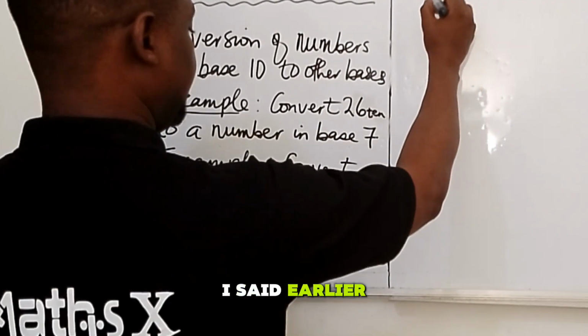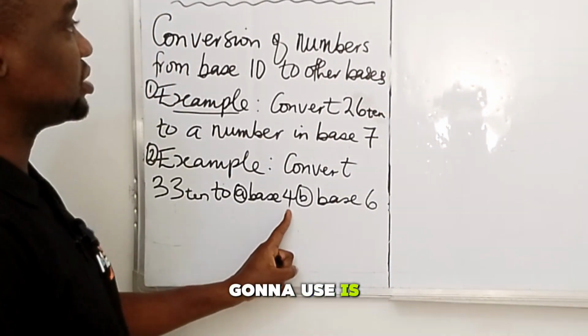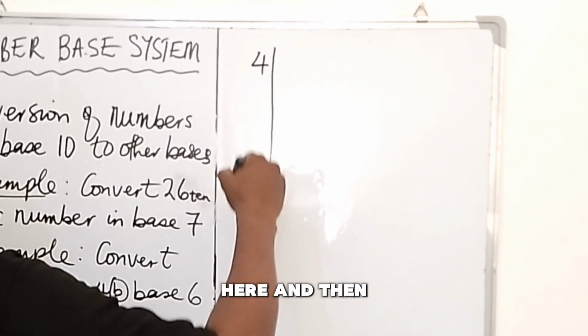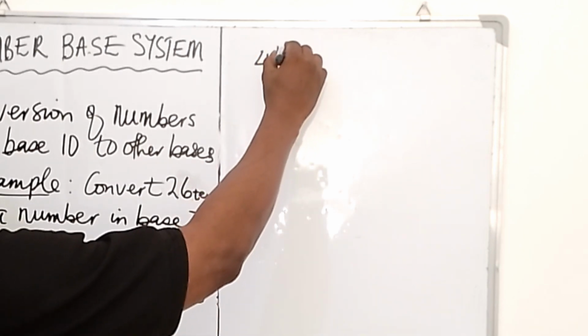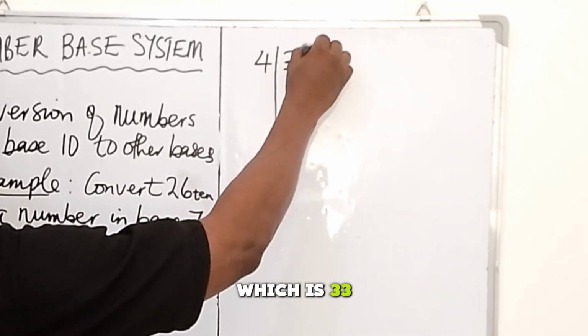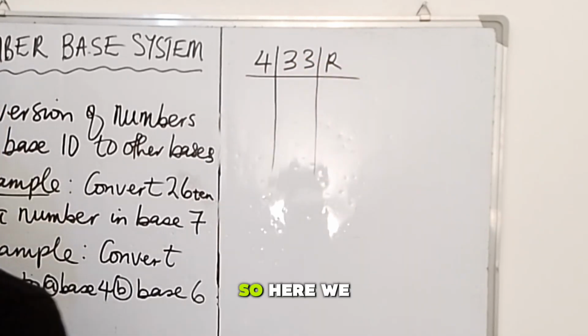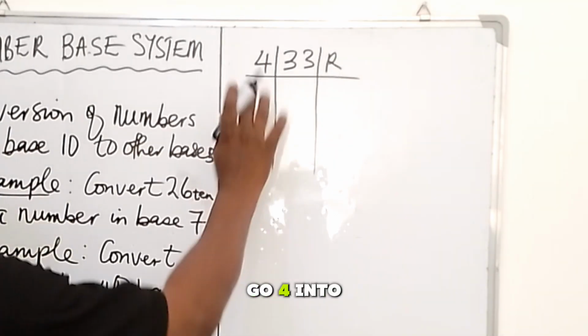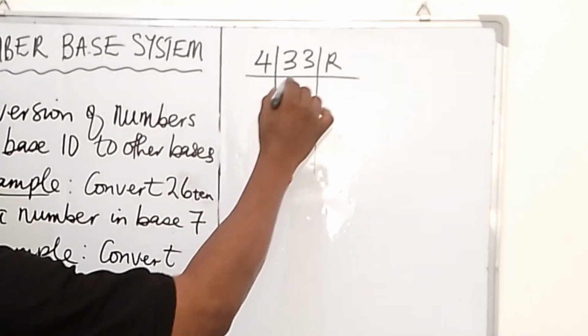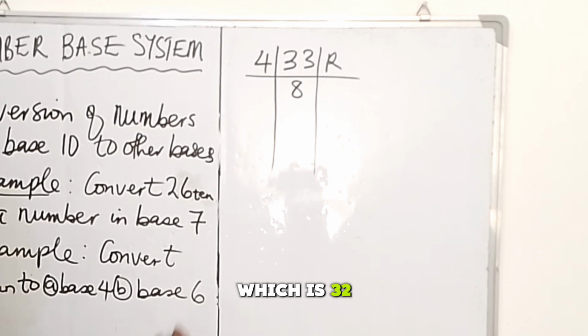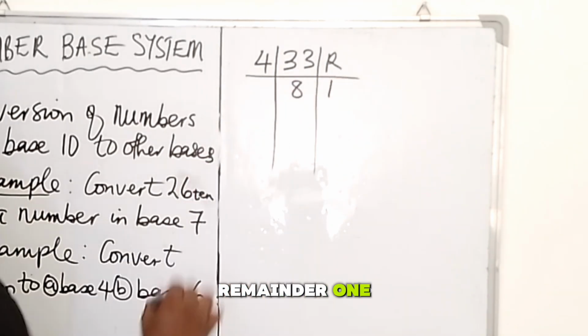So like I said earlier, the base I'm going to use is my divisor. So we're going to have a 4 here, and then the base 10 number, which is 33, and then keep place for our remainders. So here we go. 4 into 33 is 8 times, which is 32. Remainder 1.